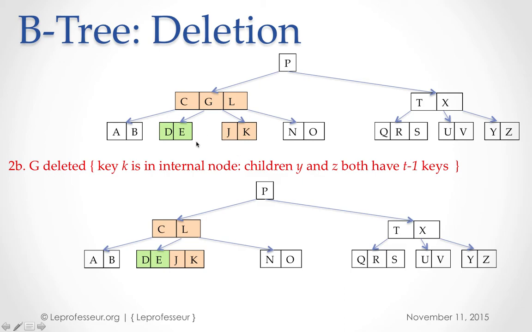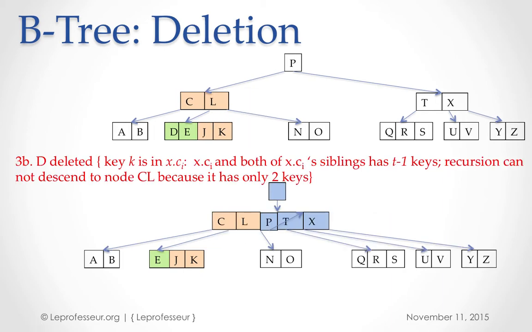So what are we going to do in that case, to preserve the B tree property after deleting the key? We merge these two children, y and z. We merged them and we removed this key.